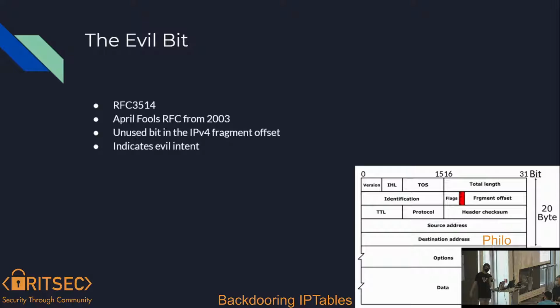So all packets Emmanuel sends, because he's the red teamer, have to have this bit set, and firewalls are supposed to drop them. Obviously, no one actually follows this because it's just a joke. But the bit's there; it's not being used for anything else. So, see how I used it in a minute.